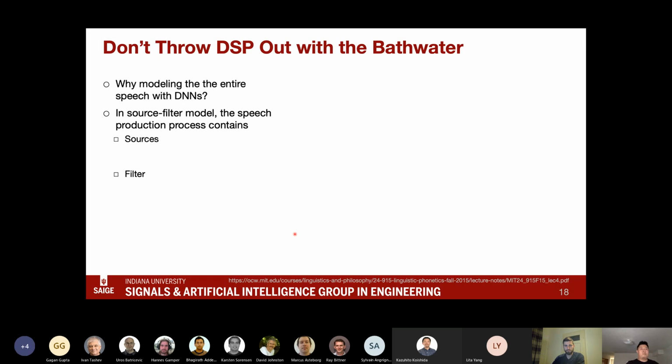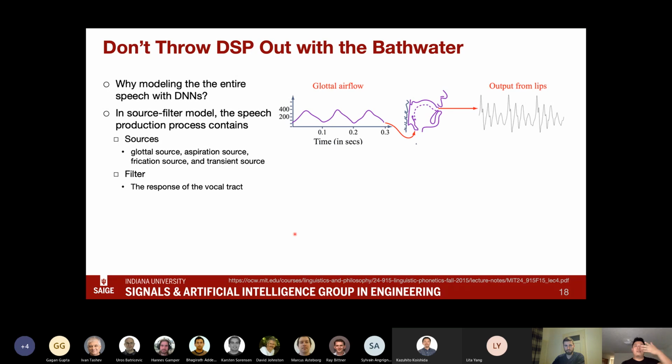So in this source-filter model, the speech production process contains multiple sources and filters. The glottal airflow is being filtered by the mouth before being generated from the lips.